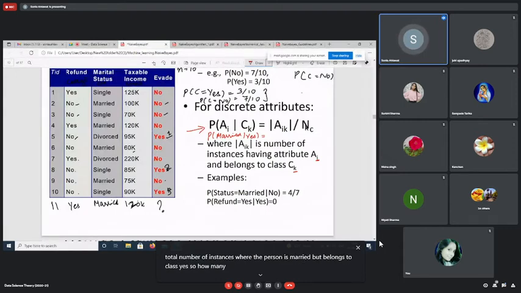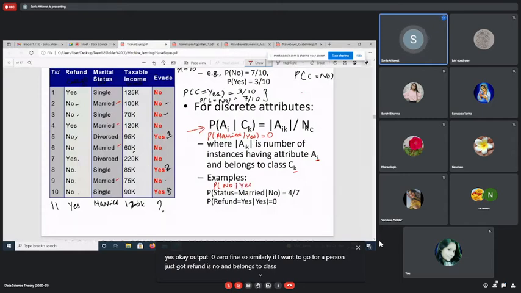How many are there? Married no, married no, married no, married no. So there is no person who is married and belongs to class yes. So what will the output be? 0? 0. Yes, ma'am.